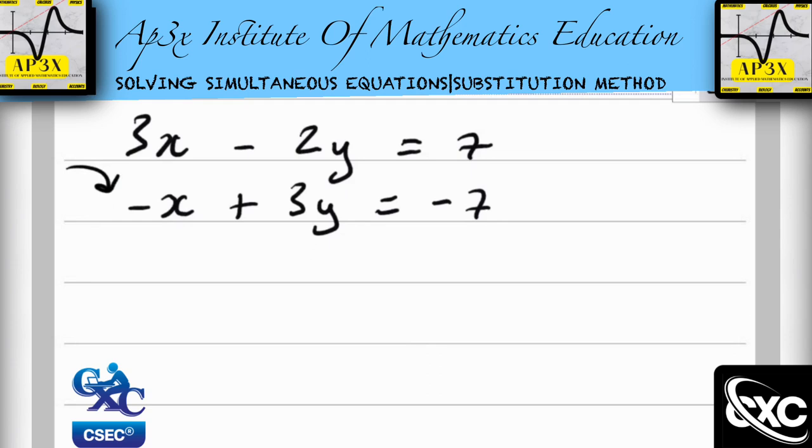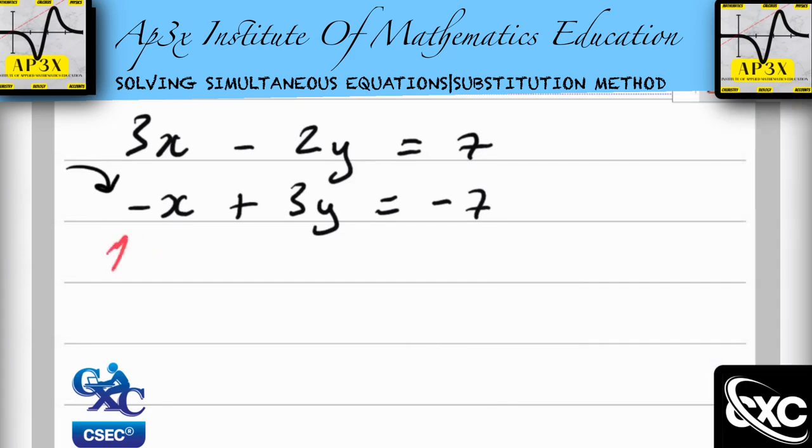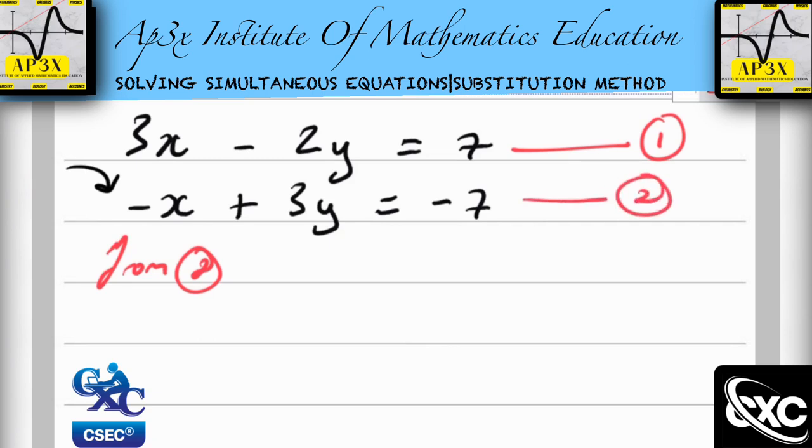So with this particular equation, I can therefore say from equation 2, because this is equation 1 and this is equation 2, I'm going to say here x is equal to, now the problem is when a student transposes the 3y like what we've been doing, they leave the subject negative. So in this case here, I'm not going to transpose what's connected to my subject.